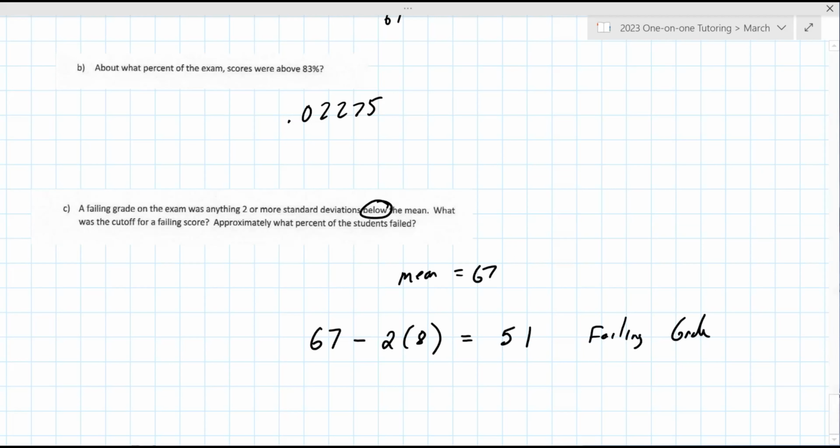Right. Okay. Now I won't share the screen just because it takes so long to go back and forth. But the percentage of students that failed when I put 51 in for X is also 0.02275. And that's what's meant by the curve. You still have people that fail. So it's not always such a good thing to grade on the curve.